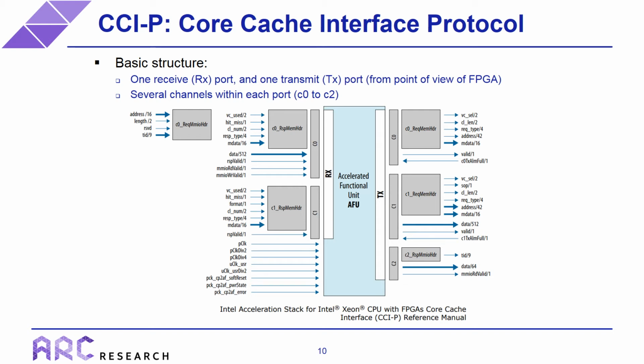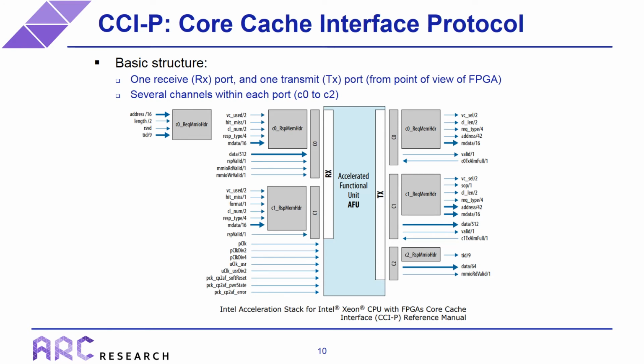If we ignore all of these signals, the basic structure of the interface consists of one receive port and one transmit port. These are named from the point of view of the FPGA. The receive port is where the FPGA receives data from the processor. The transmit port is where the FPGA sends data back to the processor. Within each port, there are several channels.